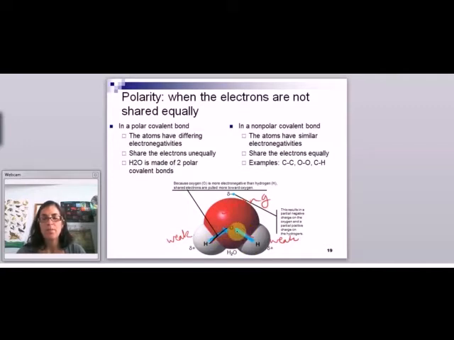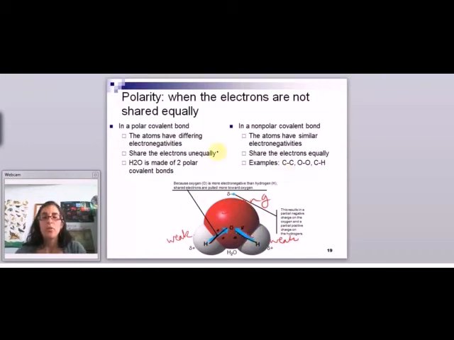I've got a covalent bond here between oxygens and hydrogens. Again, they're sharing electrons, but they're not sharing them equally. So here's my electron pairs, and they're tending to hang out closer to oxygen than to hydrogen. Because the oxygen is pulling them towards itself slightly, it's creating a partial positive charge region on the hydrogen, partial positive on this hydrogen, and a partial negative on the oxygen. And so this is a polar molecule made of polar covalent bonds.